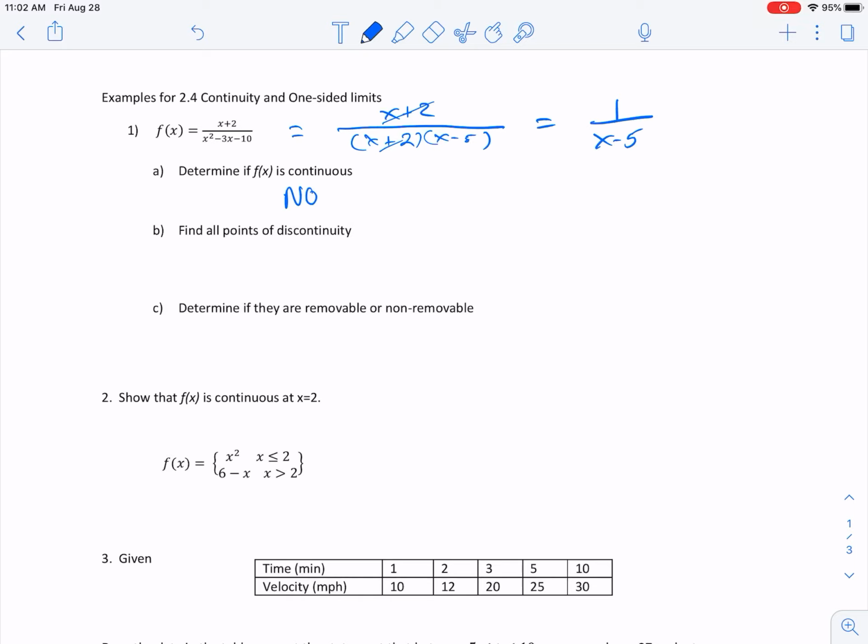All right, so there's a hole at x equals negative 2, and there's an asymptote at x equals 5. Are they removable or non-removable? The asymptote, such a good word, is non-removable.